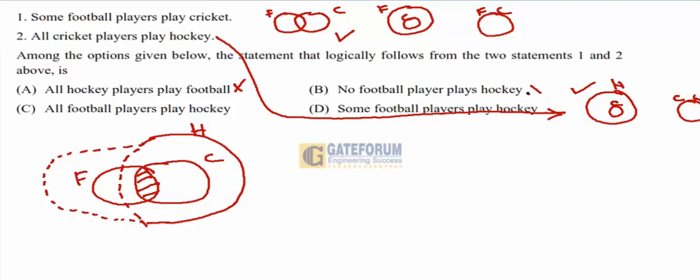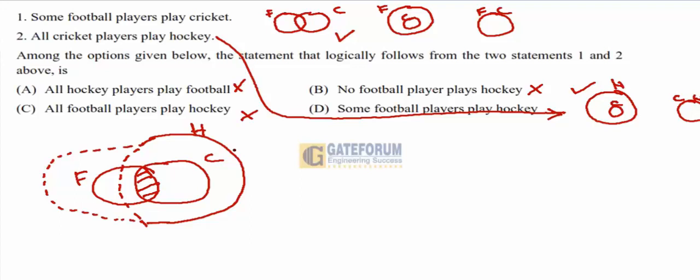So this is also wrong. All football players play hockey. Yes, very much possible. But so also is some football players play hockey, because that also is possible, right? So all football players play hockey is not always the truth. So I can't say that it is true.